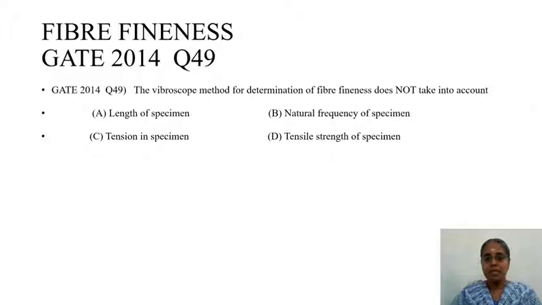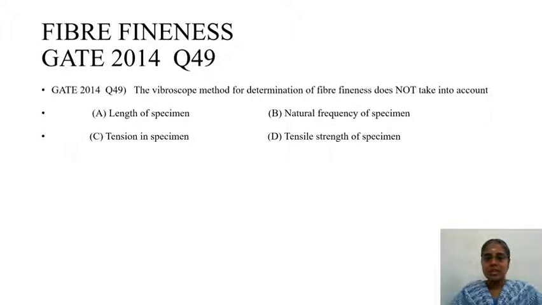In the vibroscope method, you apply a certain frequency to a fiber of length L, which is kept under a tension. When the natural frequency of the material matches the applied frequency, you get resonance, and using that, the fineness of the fiber is found out.